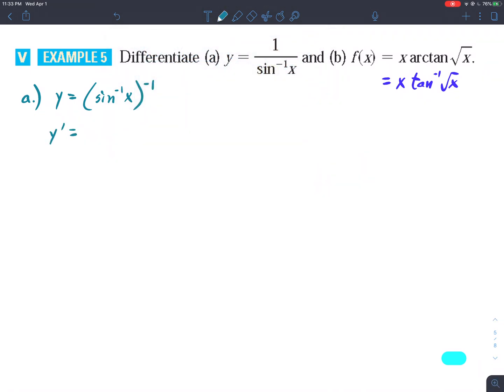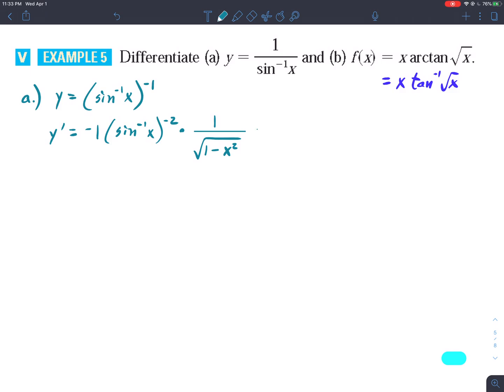The derivative y prime is going to be the power times the function to 1 less power, and then times the derivative of the inside function, chain rule. The derivative of inverse sine is 1 over square root 1 minus x squared.